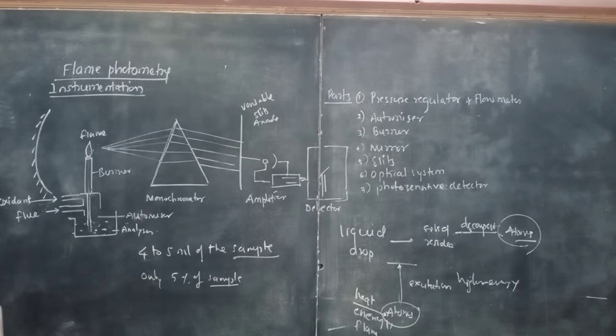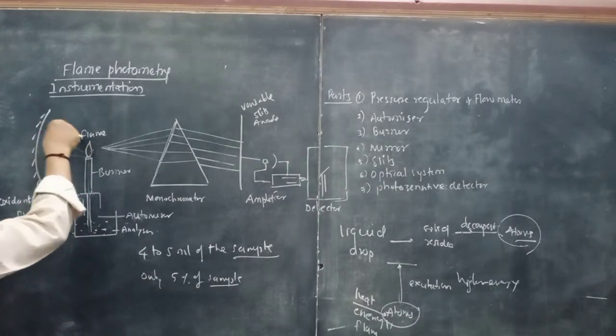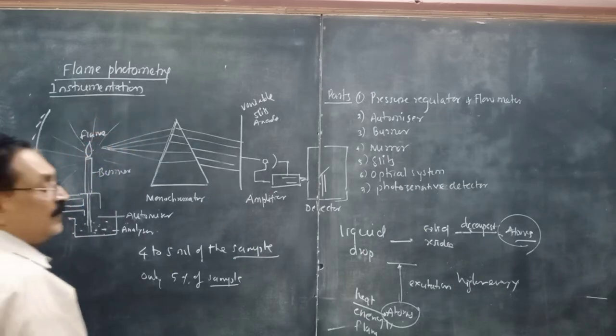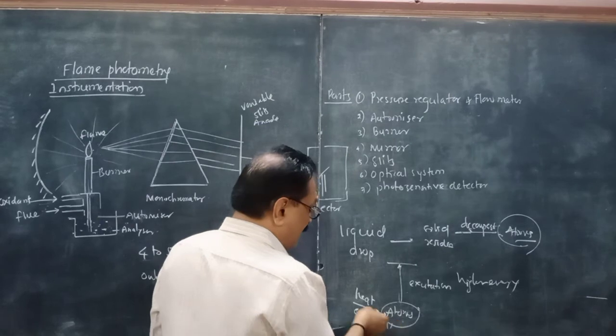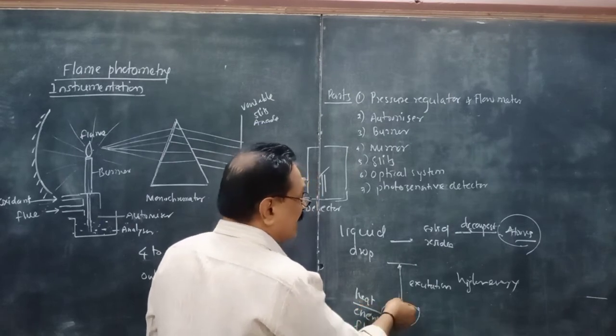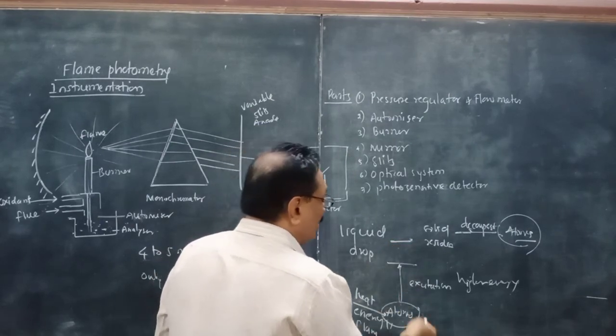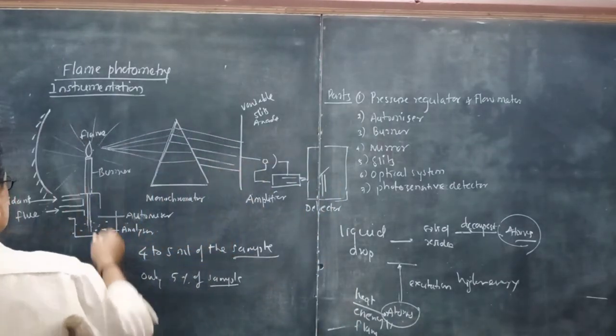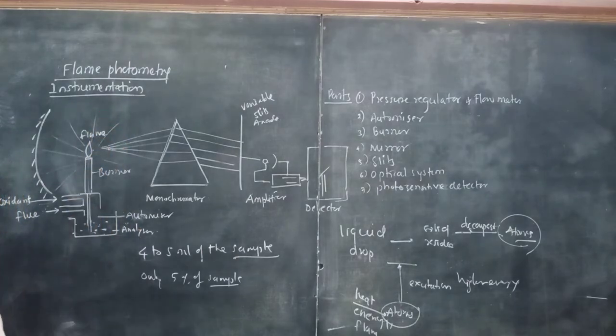Then what happens when excitation takes place? A concave mirror is placed. The radiations spread in all directions. When the atoms of the element absorb heat energy and excitation takes place, they return back and radiate the energy, and these radiations spread completely.